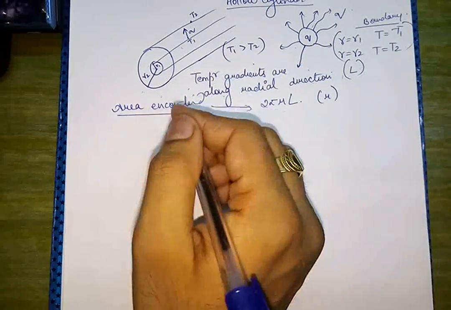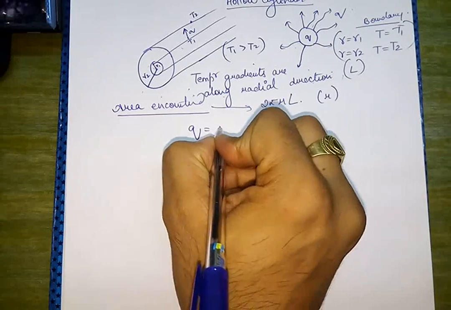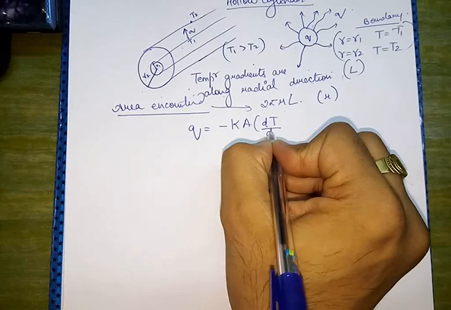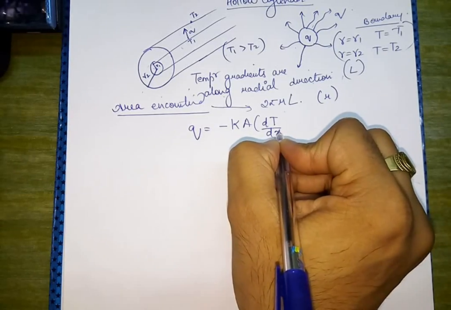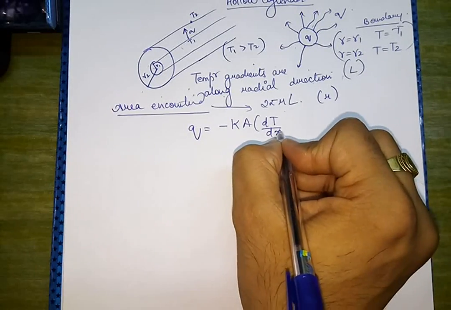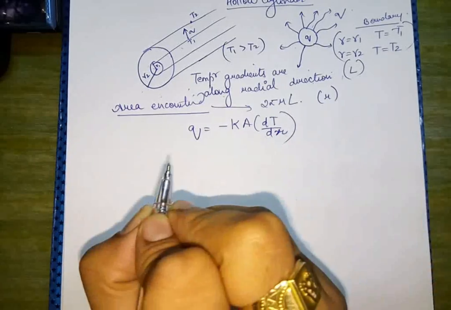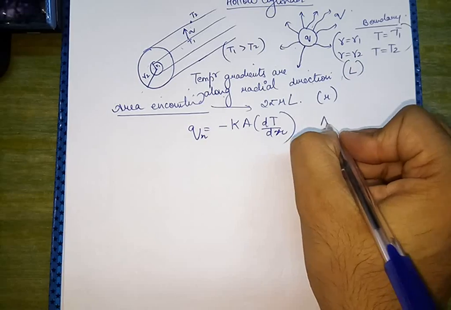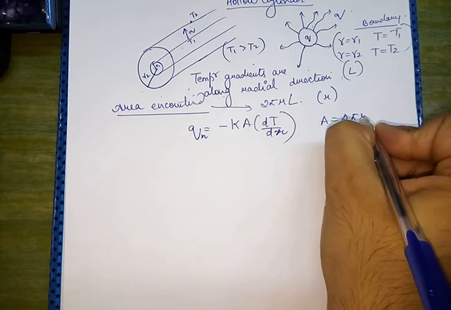Now again, if we write Fourier's law, Q is equal to minus KA dT over dx. Now we don't have x, we have r, so I will write dT over dr, and this is Qr, such that I will replace area with 2 pi rL.